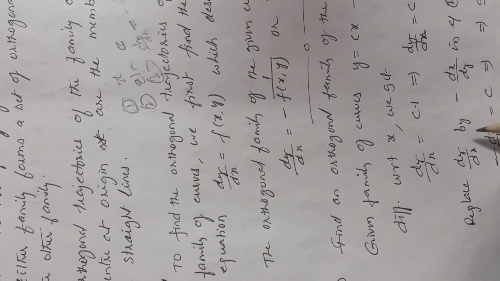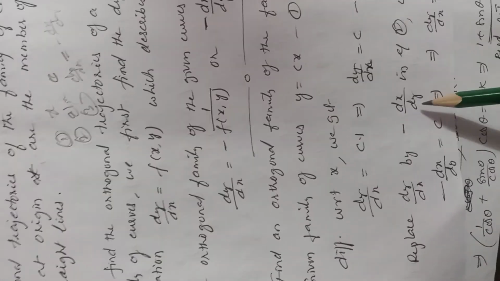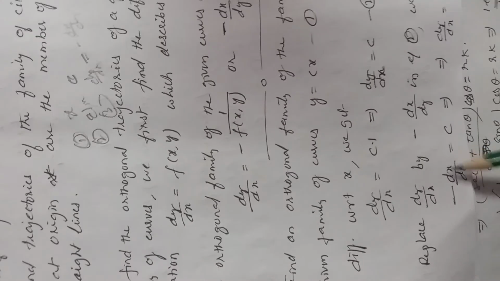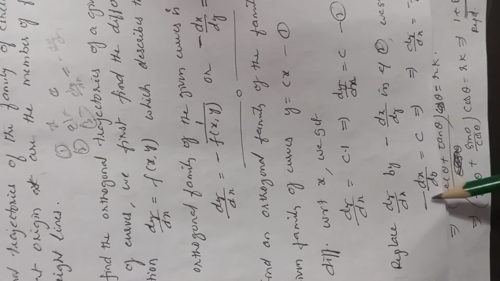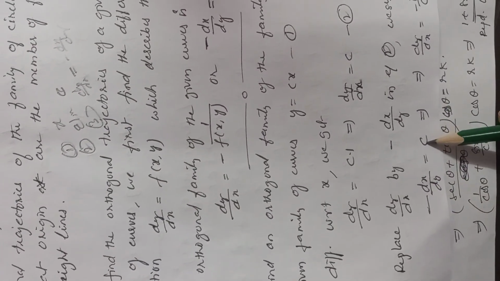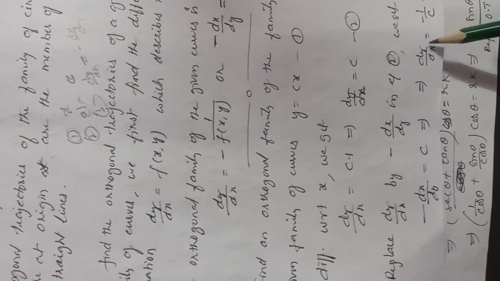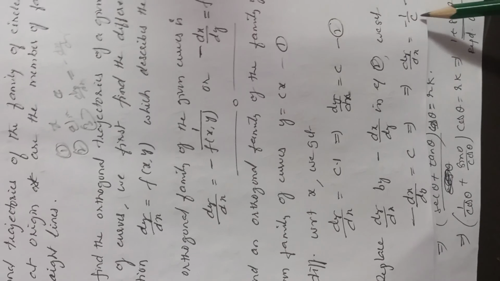See here, replace dy by dx by minus dx by dy in equation 2, as I told you is the step. So minus dx by dy is equal to c. Now dy by dx is equal to 1 by c, with a minus sign, since we reversed it: minus 1 by c.